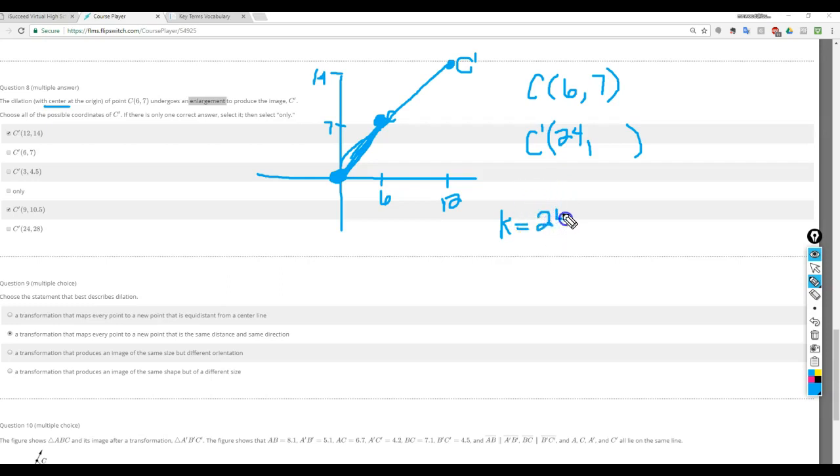So 24 divided by 6, and the y-coordinate was 28. For the y-coordinates, it would be 28 divided by 7. 24 divided by 6 is 4, and 28 divided by 7 is 4. Since the scale factor is greater than 1, and it is the same for both the x-coordinate ratio and the y-coordinate ratios, that is also an enlargement.